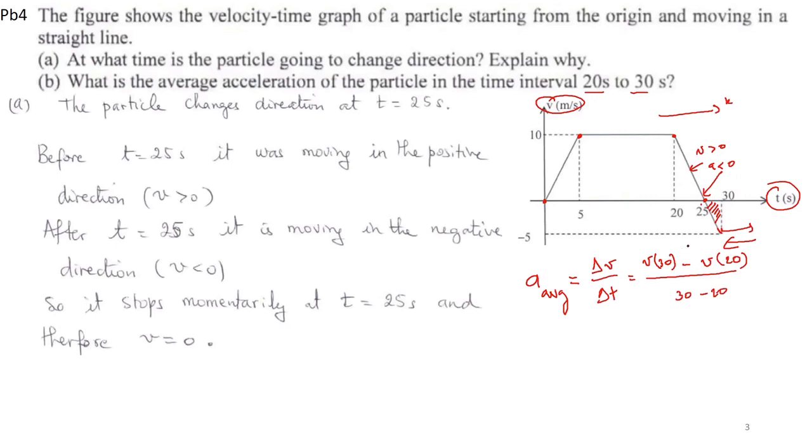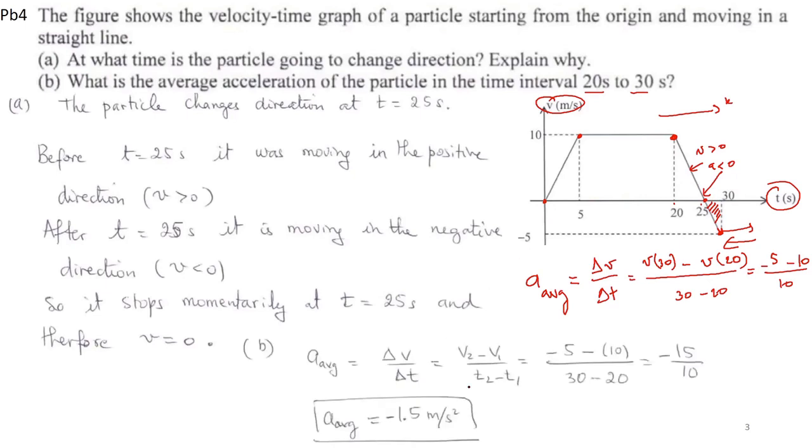Now, what is the velocity at 30 seconds? You have to read it from the graph. You see that it's equal to minus 5, minus what is the velocity at 20 seconds? You see it here. 10. And you divide, and you get minus 1.5. In this portion I have constant acceleration, by the way.